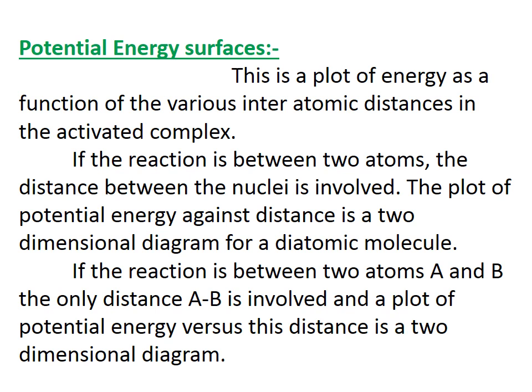The plot of potential energy against distance is a two-dimensional diagram for a diatomic molecule. If the reaction is between two atoms A and B, only the distance A-B is involved, and a plot of potential energy versus this distance gives a two-dimensional diagram.